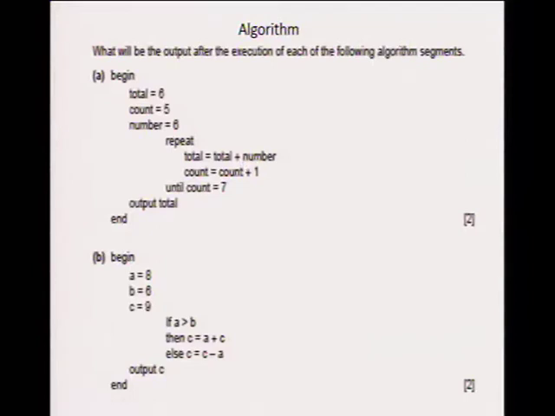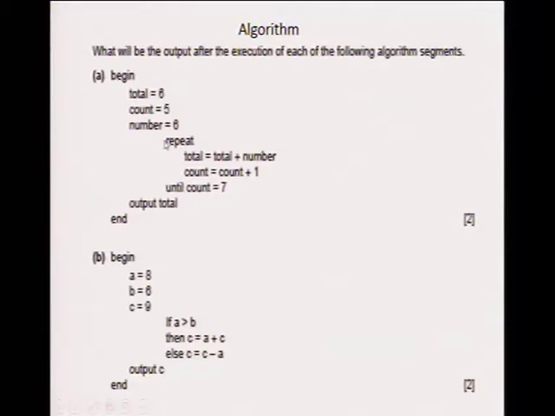Okay, so how do we start? Number your algorithm to make it easier for you. Unfortunately, I will not be able to write on the screen here. So total will be 1, count will be 2, number will be 3. You don't number repeats.